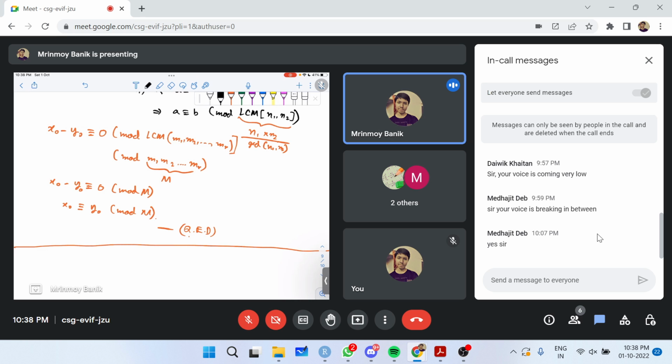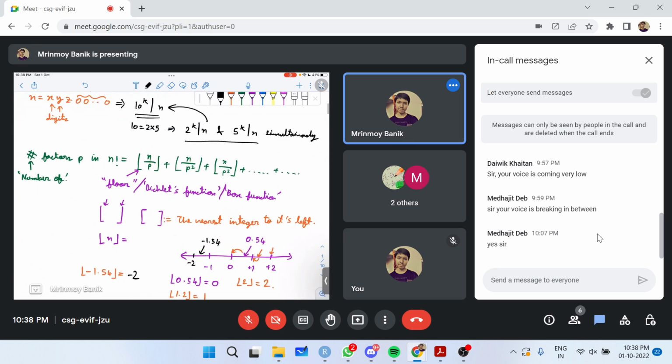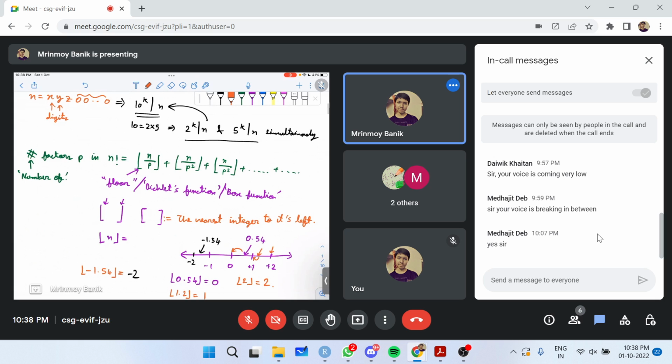By the way, this formula from the first problem, that the number of prime factors p in n factorial is the infinite sum of the floor of the quotients when we divide n by p to the power i, is also called Legendre's, or Polignac's, formula.